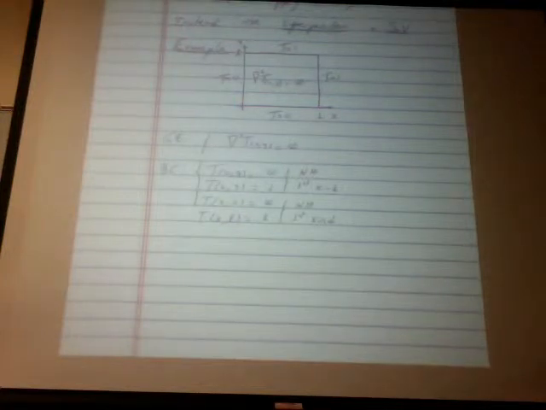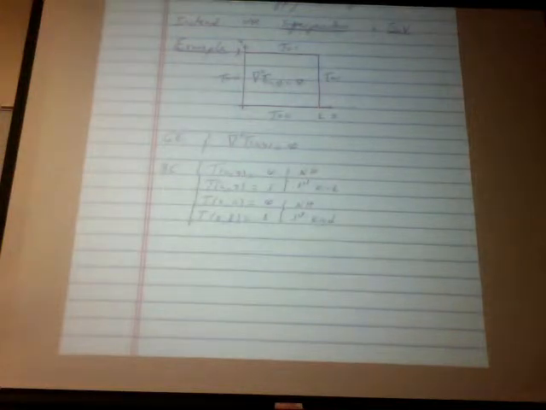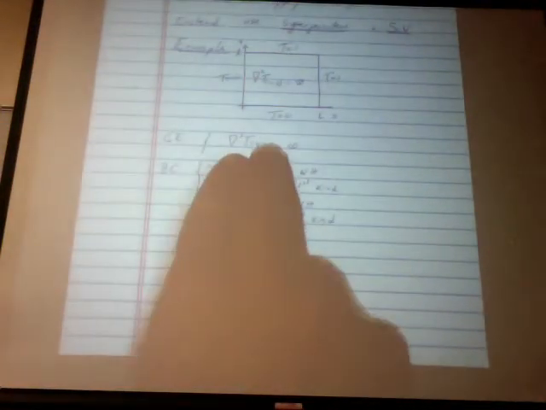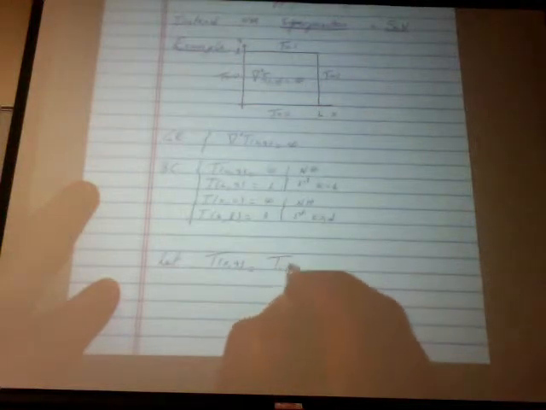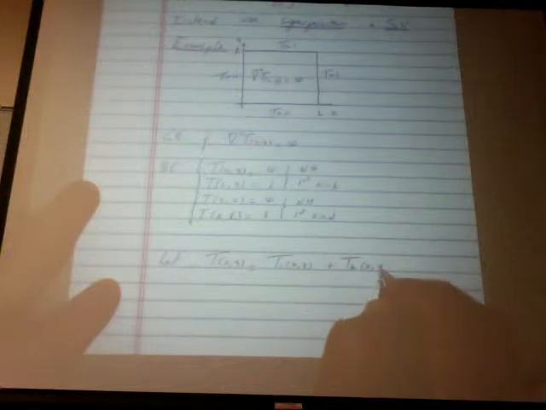So, the principle of superposition basically states that since we're dealing with a linear problem, if we have one general solution to that linear problem, and we have another general solution to that linear problem, we can add them up, and that will be a solution as well. So we can pretty much say, let T of x and y be equal to T1 of x and y plus T2 of x and y.